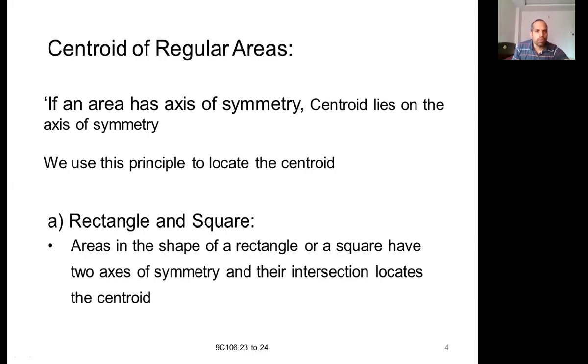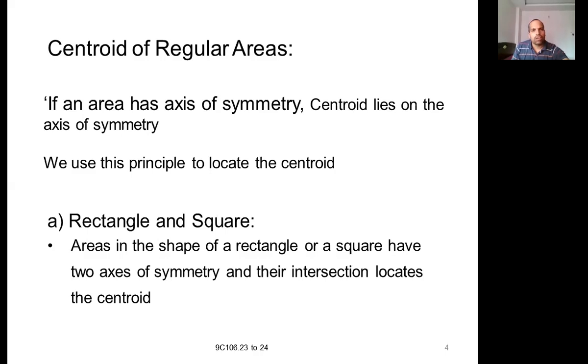Both divide the area into two equal parts having the same area. That's why they are called axes of symmetry.